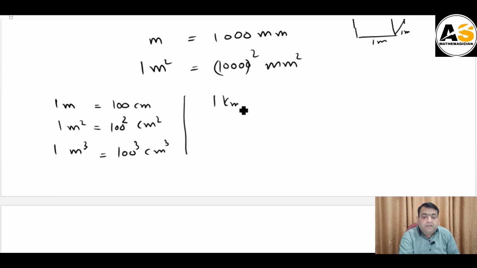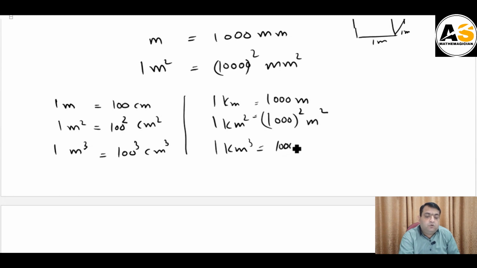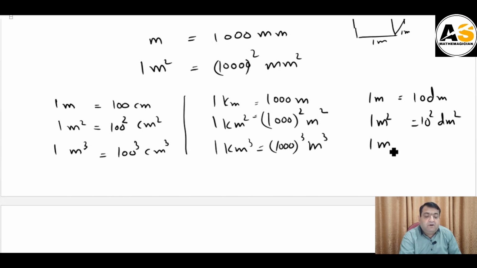Similarly, 1 kilometer is equal to 1000 meter. 1 kilometer square is equal to 1000 square meter square, and 1 kilometer cube is equal to 1000 cube meter cube. Similarly, 1 meter is equal to 10 decimeter. 1 meter square is equal to 10 square decimeter square, and 1 meter cube is equal to 10 cube decimeter cube. I hope this is clear.